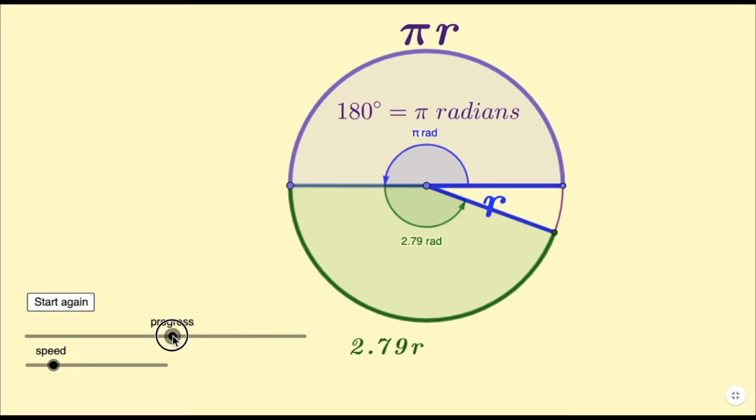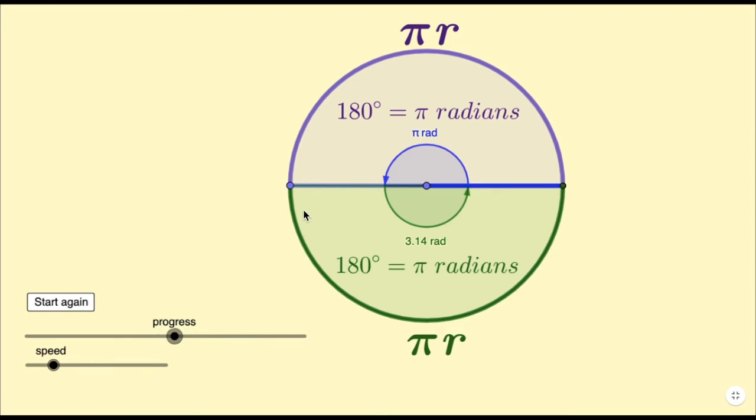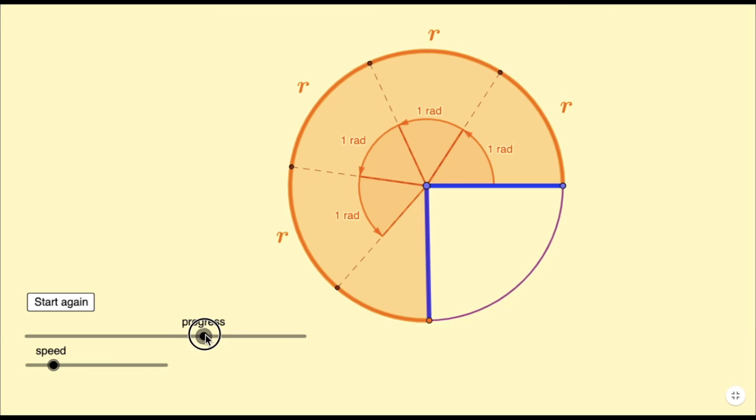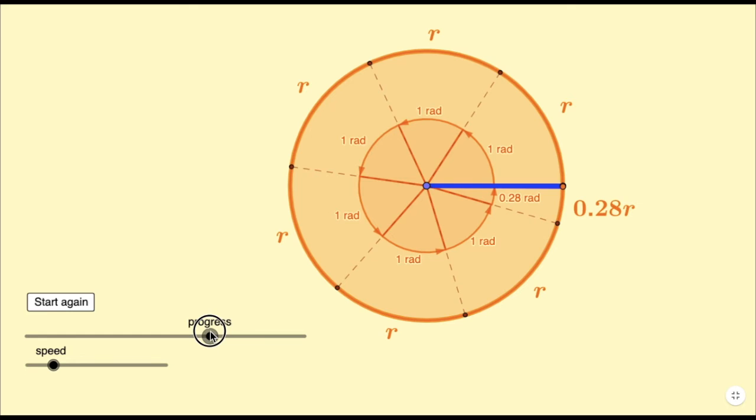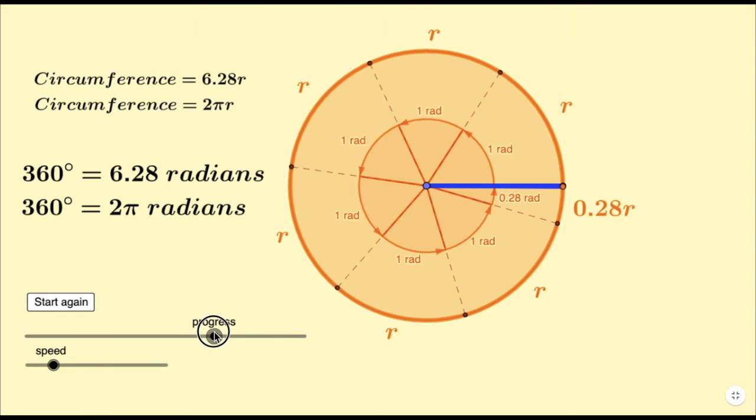So continuing, we have another half of the circle, and that is another pi radians, and therefore we can now say that one whole circle is around 6 radii and 0.28 of that radius, and that is around 6.28 radians.